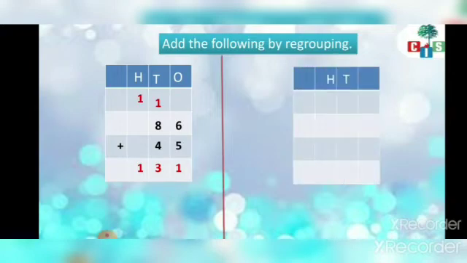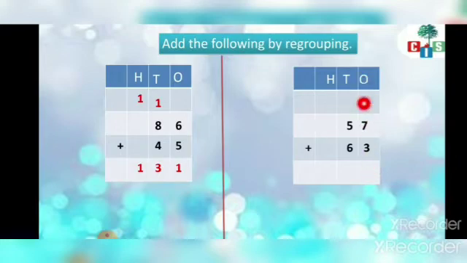Hundred, tens, ones. In the tens column, we get the number 5 and in ones column the number is 7. It becomes 57 plus 6 in tens column and ones column it is 3. So number becomes 63.